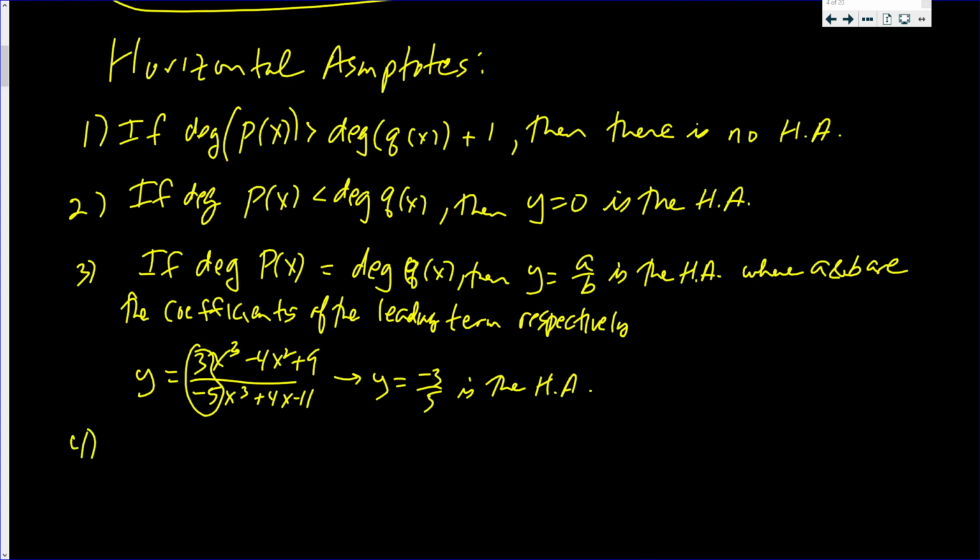We have one more. What if the degree of p of x is not greater than the degree of q of x plus 1, but in fact the degree of p is exactly 1 more? Then what you do is long division.